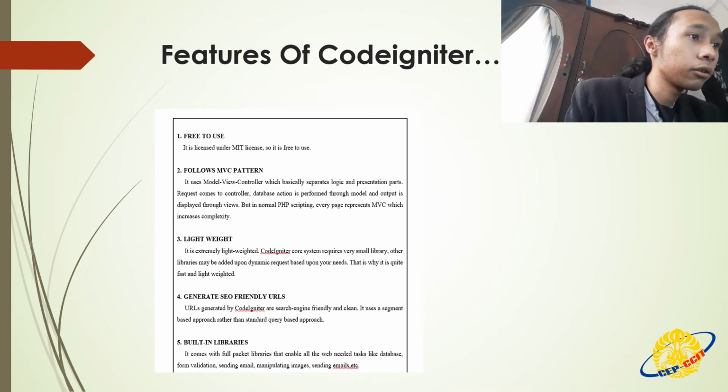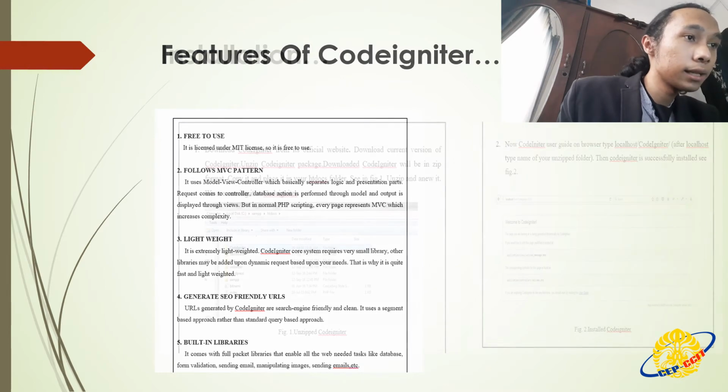URLs generated by CodeIgniter are search engine friendly and clean. It uses a segment-based approach rather than a standard query-based approach. And the last one is built-in libraries. It comes with a full package of libraries that enable common web tasks like database access, form validation, sending email, and manipulating images.